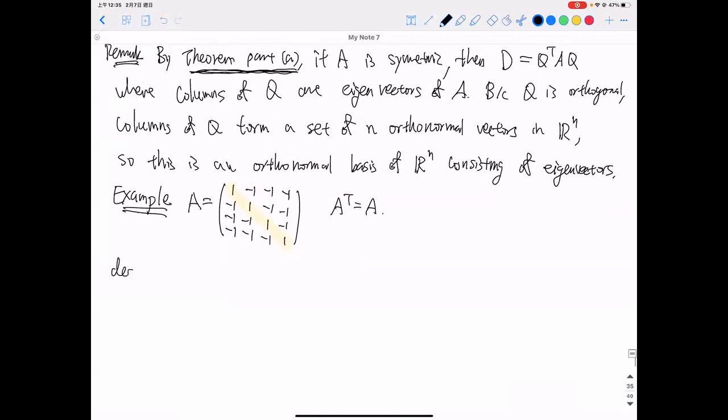Okay, so the first step, as usual, is to compute the characteristic polynomial. Okay, so there's that. And maybe there's some easier way to do this.